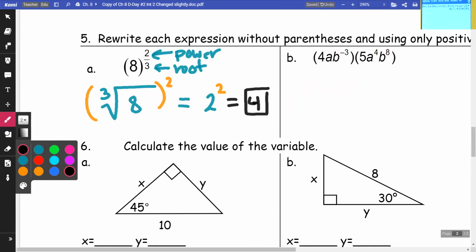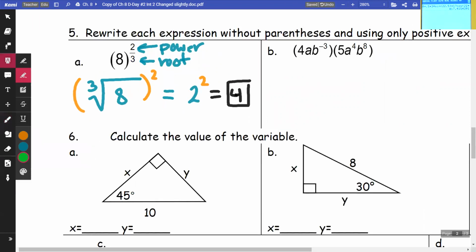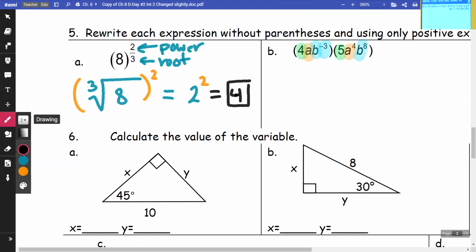On letter B, I'm going to be multiplying my numbers together, my A's together, and my B's together. So when I do 4 times 4 times 5, 4 times 5 is 20.